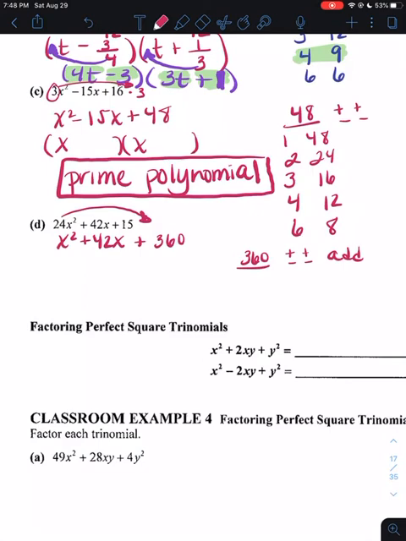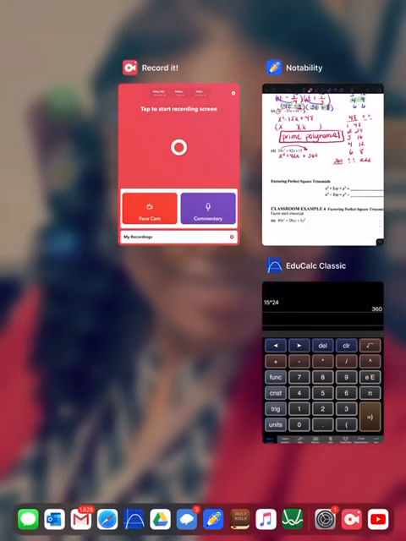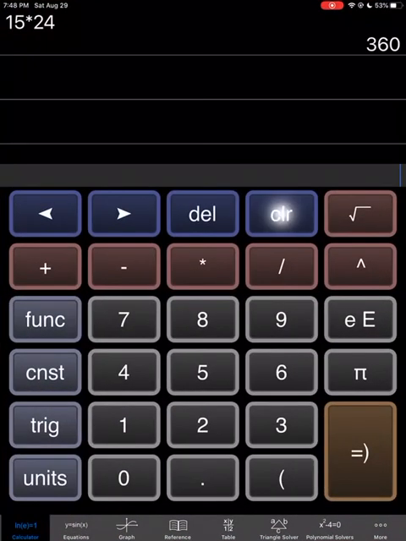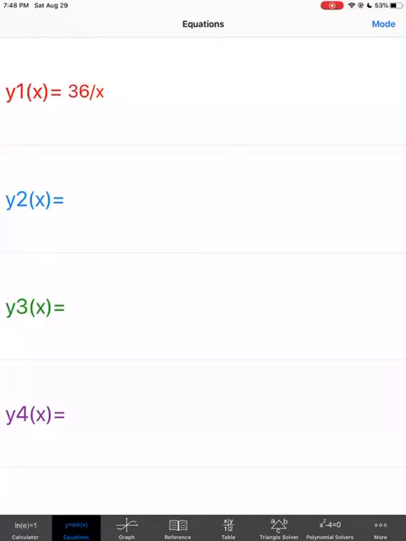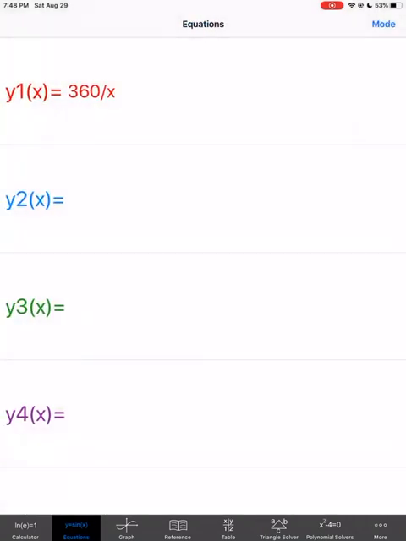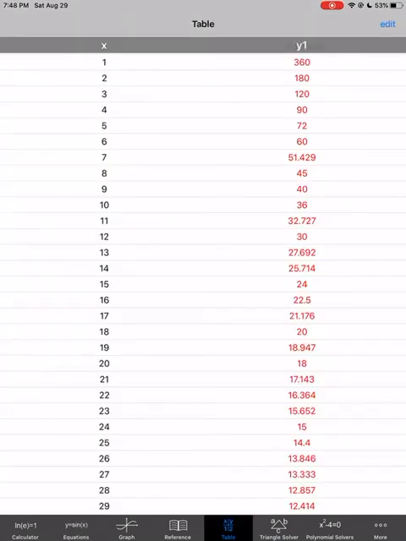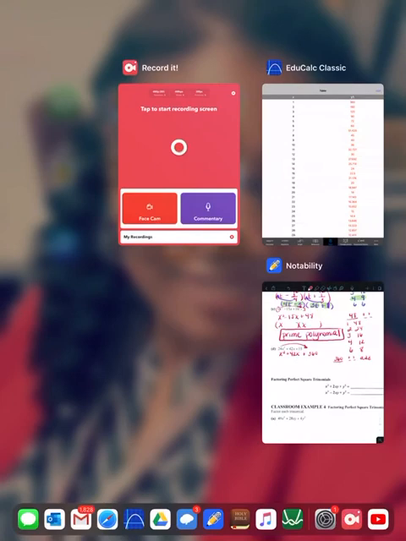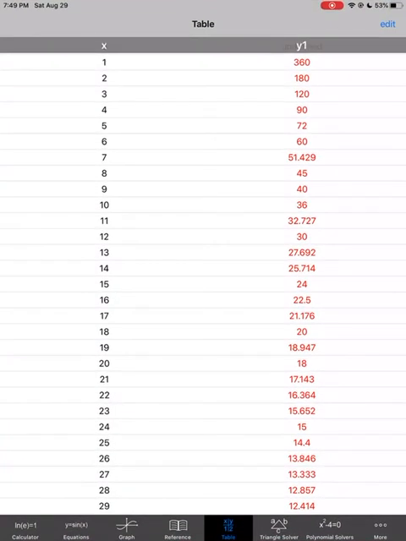Since 360 is a really big number, and I'm trying to add and get 42, I'm going to use my table. This would be the perfect example to use the table. So 360. I go to my table, go to y equals, and make this 360 divided by x. And go to my table. Let me see what we're trying to find again. We're trying to find two numbers that add and give us 42.